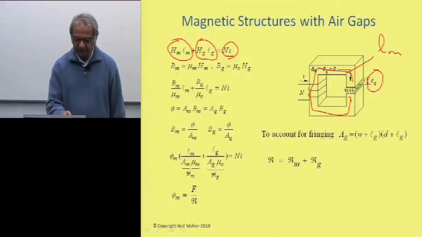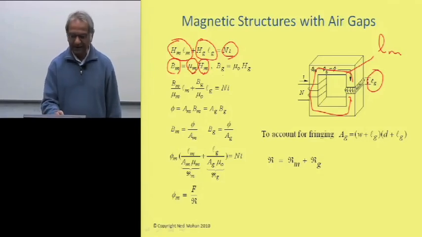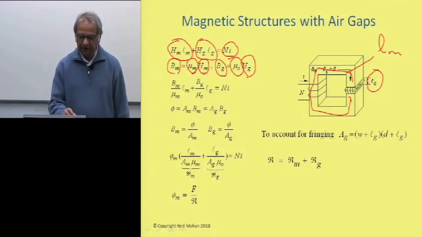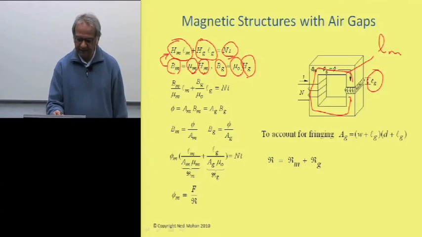And B sub m and H sub m are related by the permeability of the core, and B sub g, the flux density in the air gap, and H sub g are related by mu naught over here. So what we will do is we'll substitute for H sub m and H sub g from here in here, and we'll get this expression here.